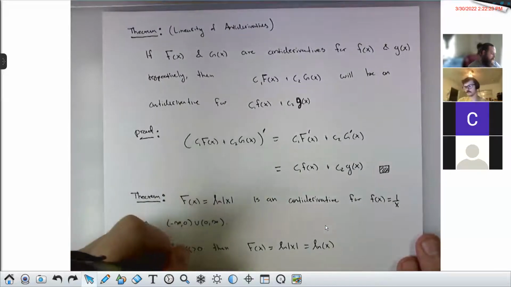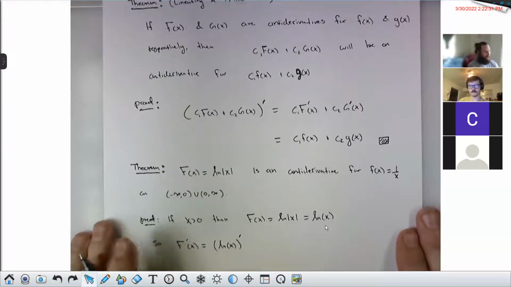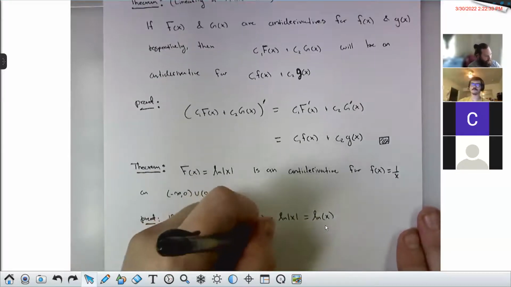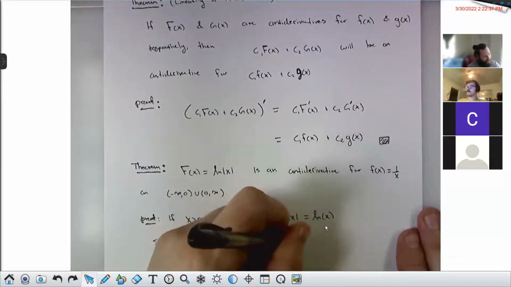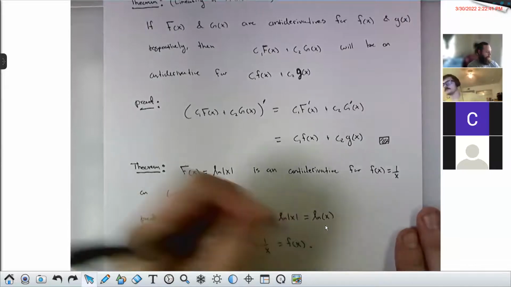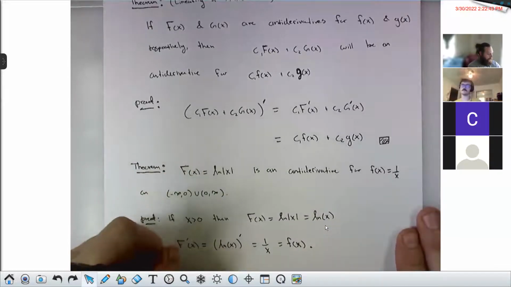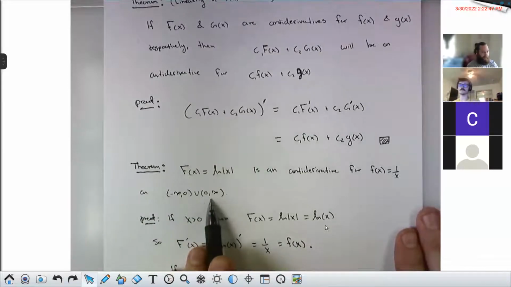So big F primed would be the derivative of regular old natural log of x. And we know that that is 1 over x. So that's equal to little f. So this takes care of big F being an antiderivative on 0 to infinity.